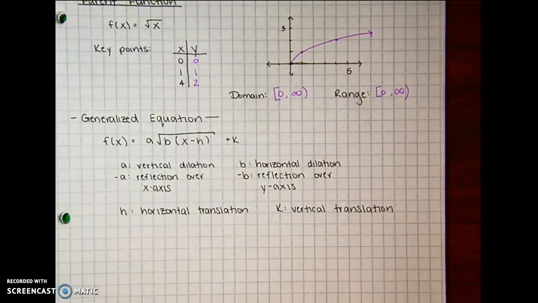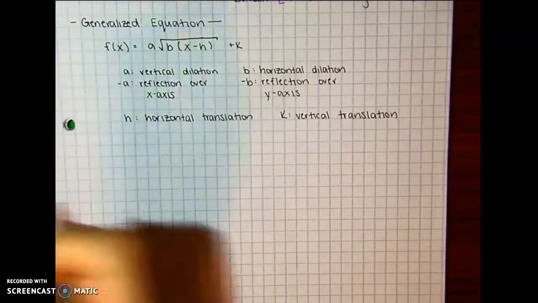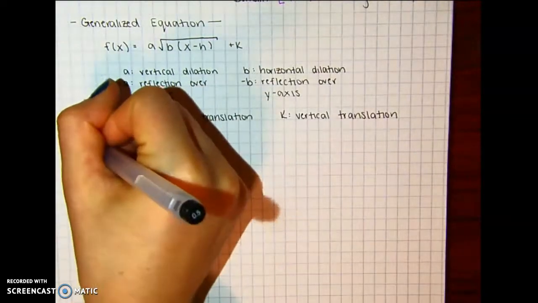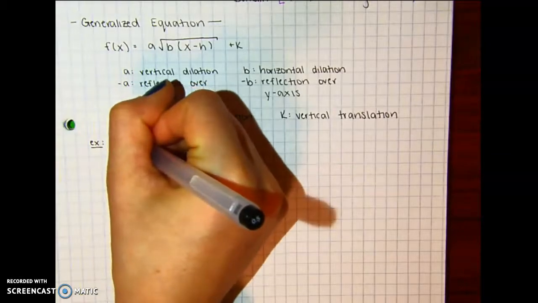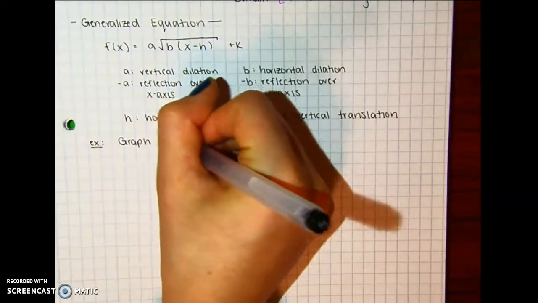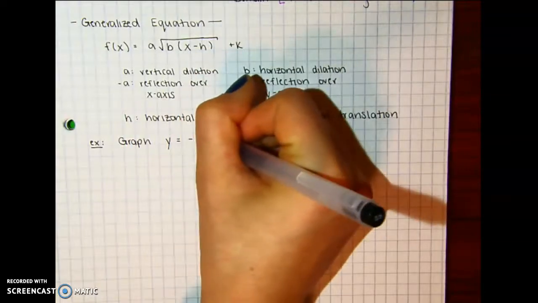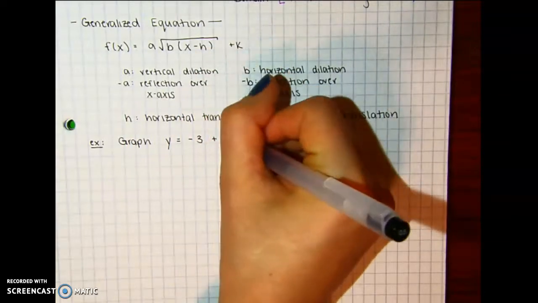So let's see if we maybe do one, maybe two examples. So let's do a graphing example. Let's graph y equals -3 plus the square root of x plus 2.